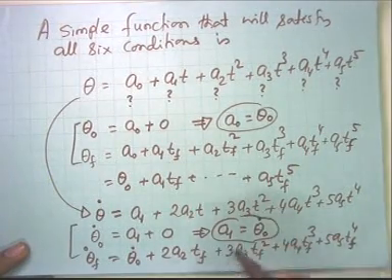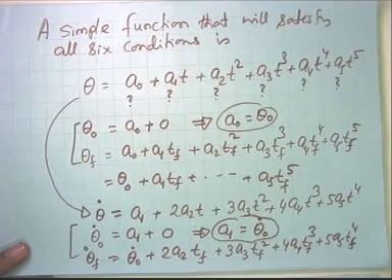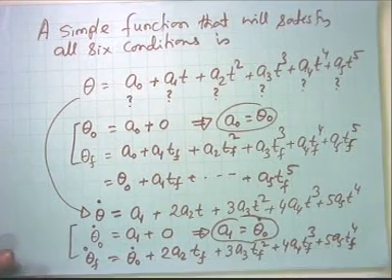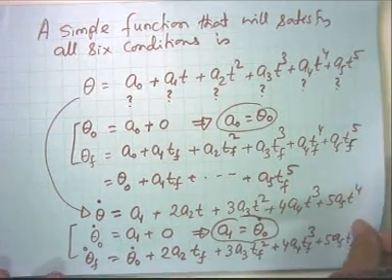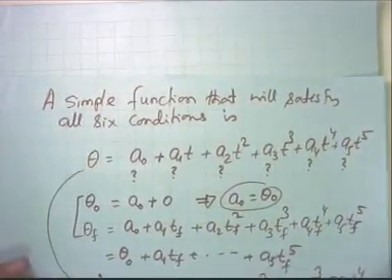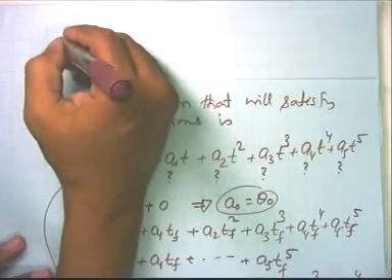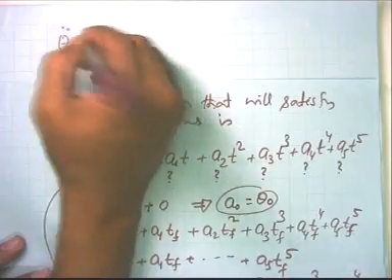Okay. Now, proceed to put the condition for the third, that means the accelerations. For the accelerations I now need theta double dot.